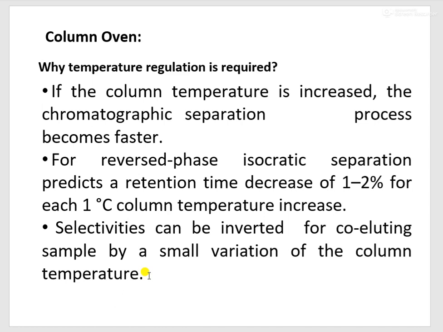So column will be equilibrated at that particular temperature, and irrespective of atmospheric temperature or room temperature of your study or your experiment, your analysis will be performed at that constant temperature, and hence you will be getting reproducible result, because now your column is contained in column oven which is set at particular temperature.